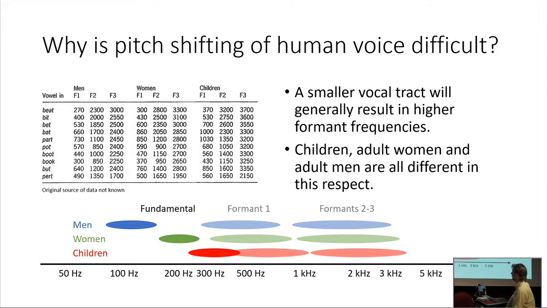So if you are a child, you will have your formants at a higher frequency range than women, who in turn have their formants a little bit higher than men. So there's much more variation in the fundamental than in the formants, as you can see there. And that's why if we pitch shift the formants too much, it doesn't sound like a human anymore. So this is basically the problem.